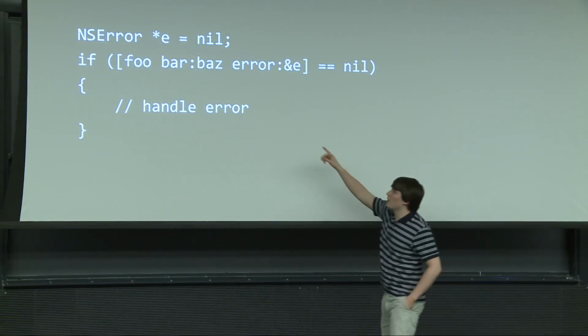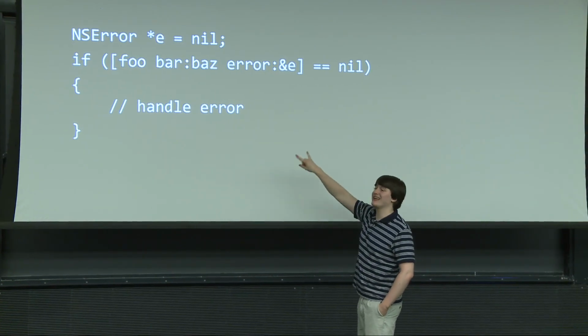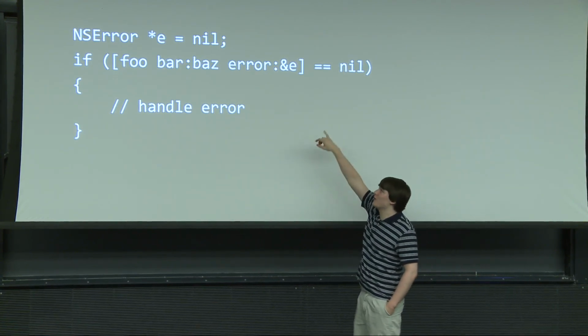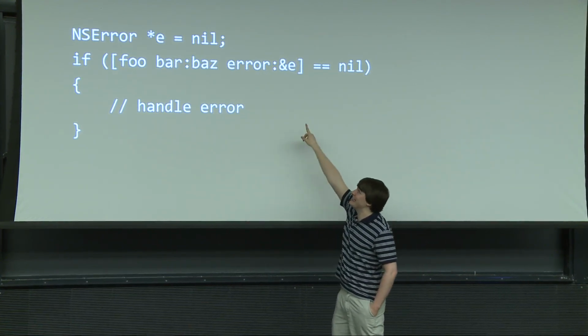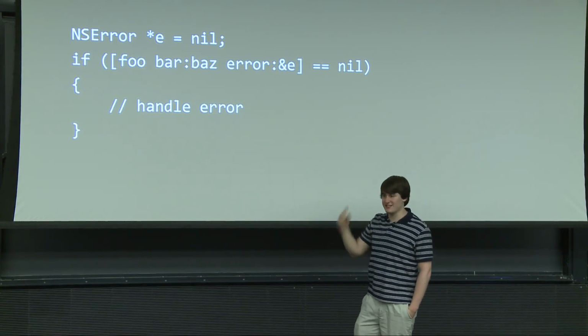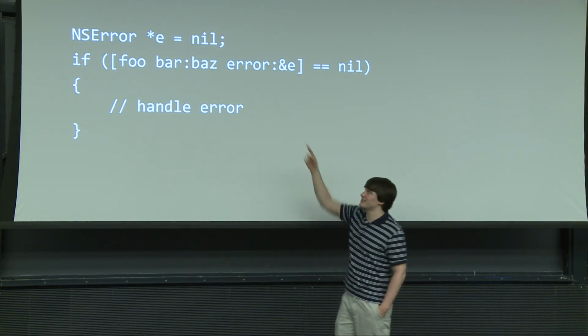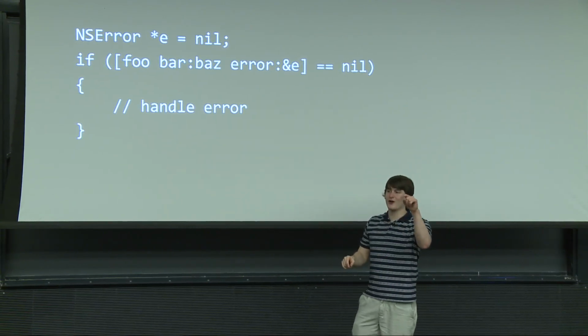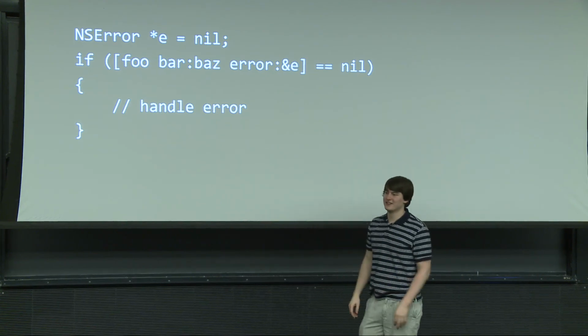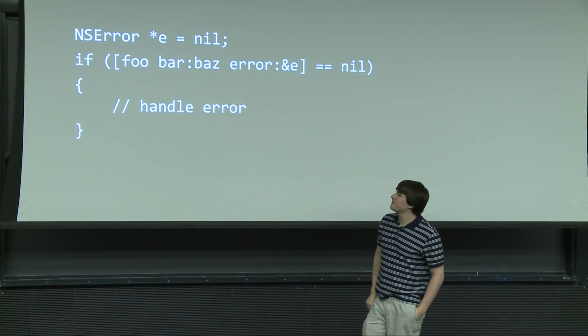By returning nil, it's indicating that something went wrong. And then inside of here, since something must have gone wrong, E must be set to something that isn't nil. Inside of the function, it must have instantiated an NSError object and done star E equals this NSError object.